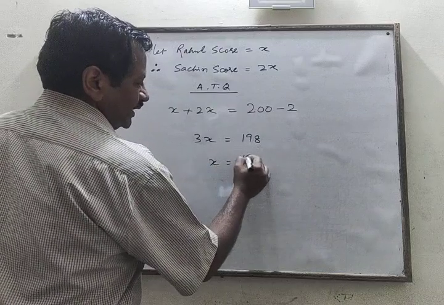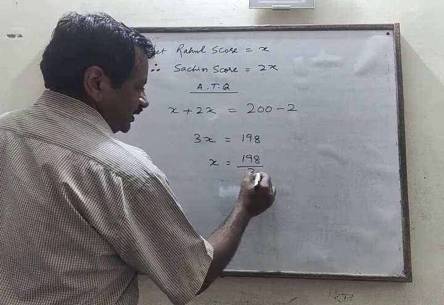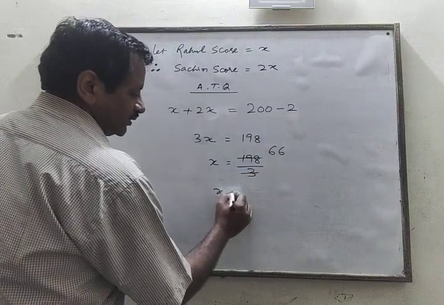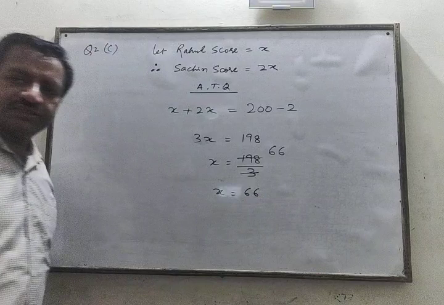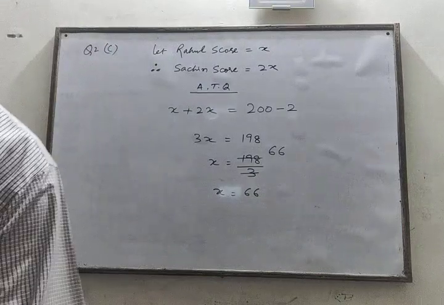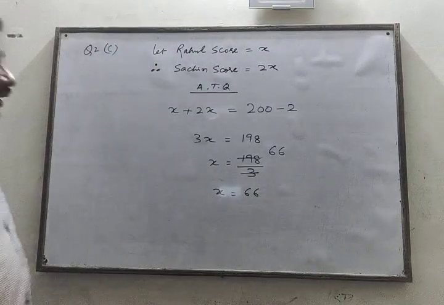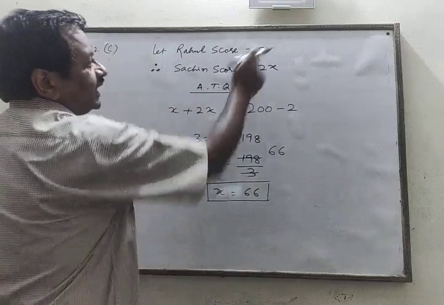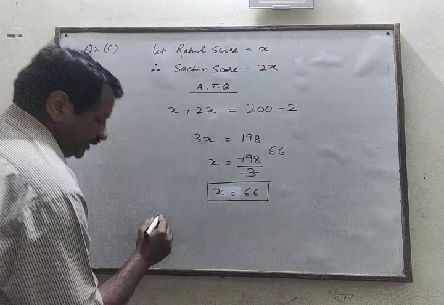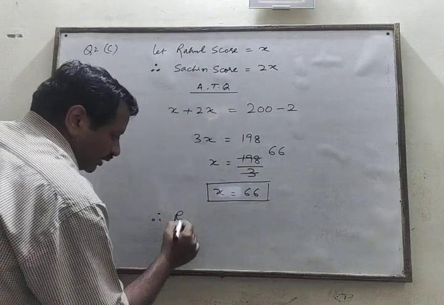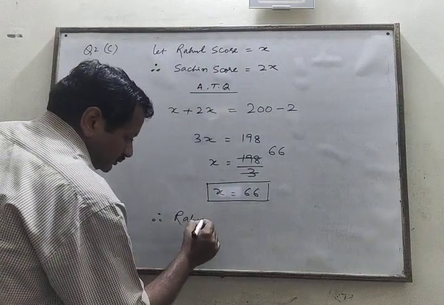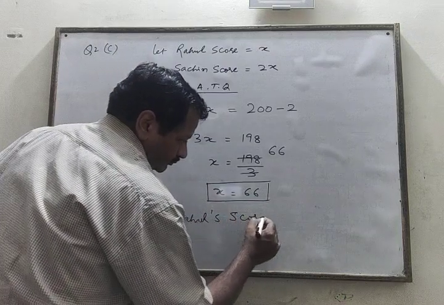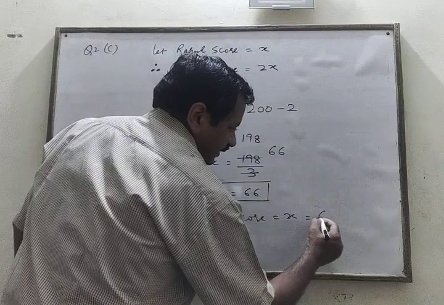x equal to 198 upon 3. 3 6s are 18, 3 6s are 18. x equal to 66. So x equal to 66 means, what is x? x is the score of Rahul. Therefore, Rahul's score, which is x, is equal to 66.